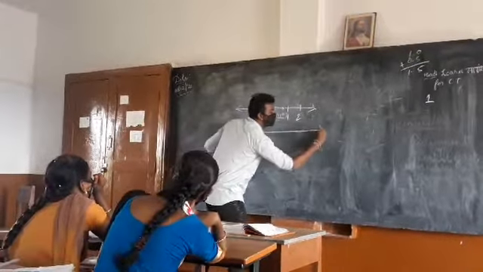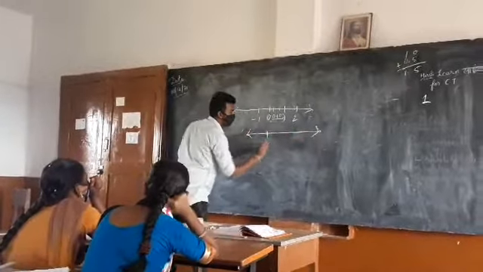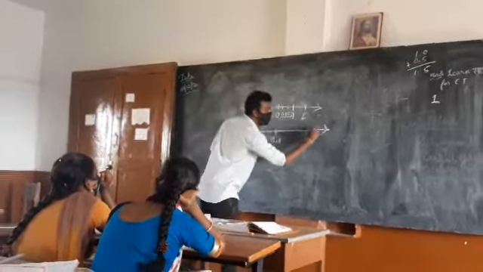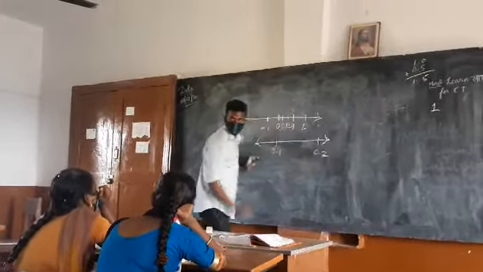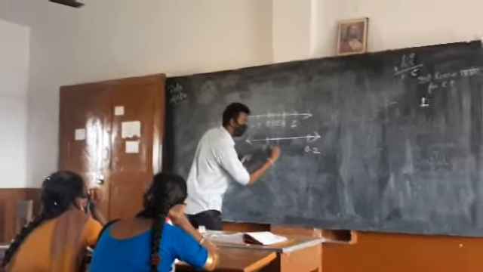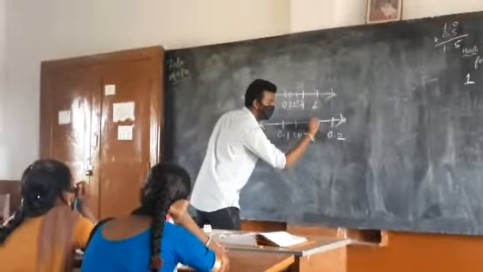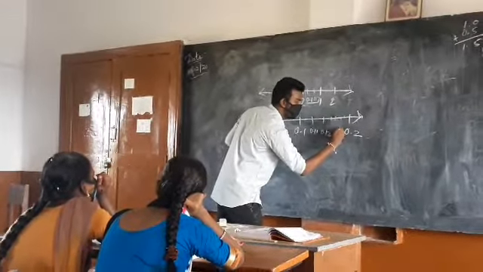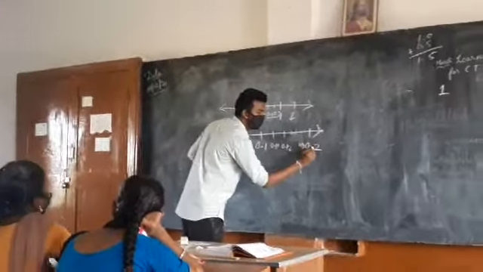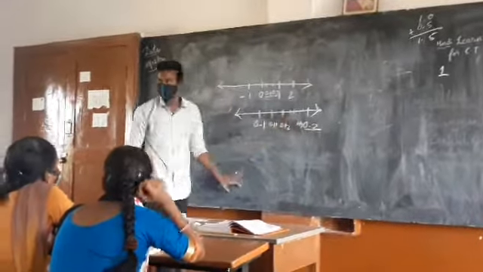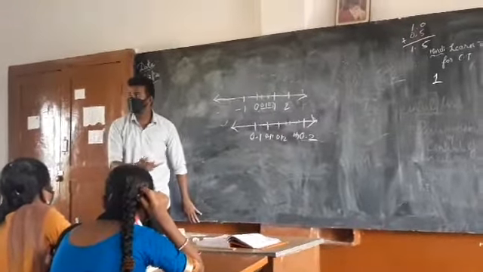If we enlarge the scale, between 0.1 and 0.2, you can also say 0.11, 0.12, like that, 0.19, 0.20, nothing but 0.2. You all clear with this?